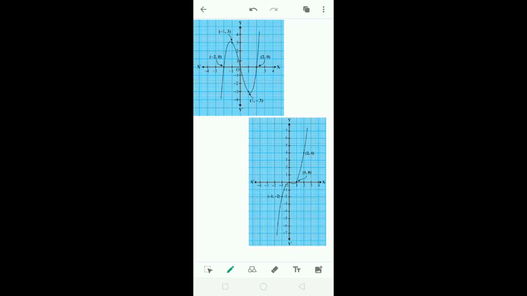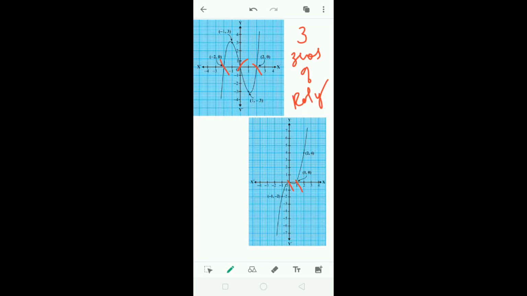So a polynomial of degree 3 has at most 3 zeros. Okay, it is at most 3. Now just look at the first diagram and tell me where the graph is intersecting the x-axis. This is the first point, here, here and here. So totally how many zeros are we getting? Three zeros of the polynomial. Okay, and look at this diagram here: it intersects at the origin, and here one more, right?